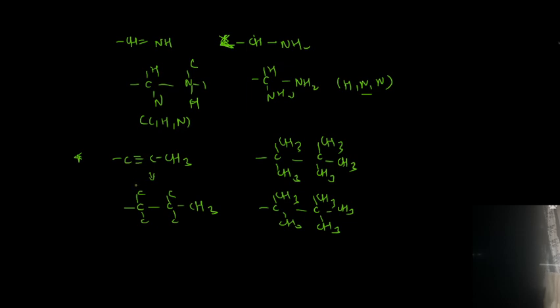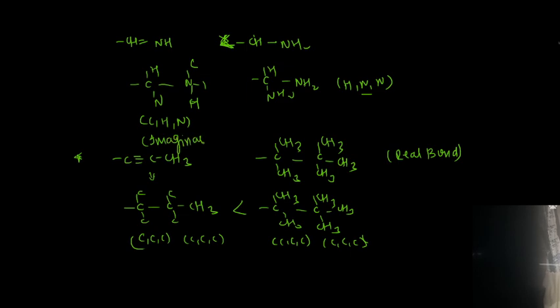In order to compare all 4 bonds of carbon, 3 carbon are attached to it. Here also 3 carbon are attached to it. Here also 3 carbon are attached to it. So all the priorities are same, but we give the priority to the real bond. Then we give priority to the imaginary bond. Real bond, then imaginary bond. That's how we give the priority.